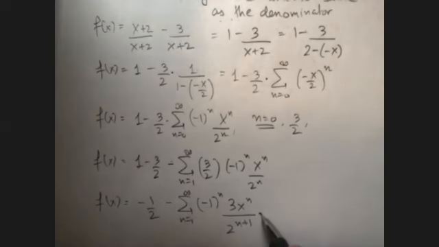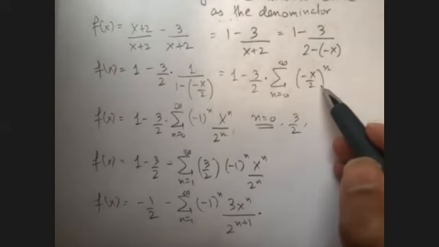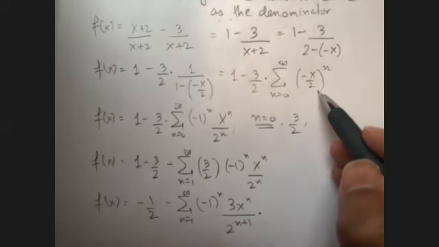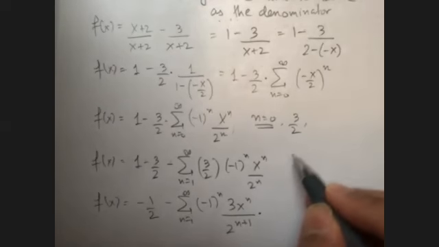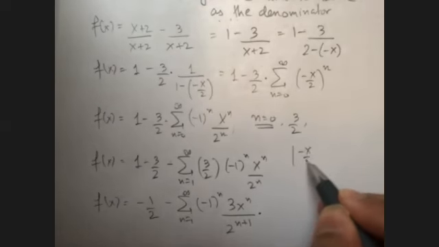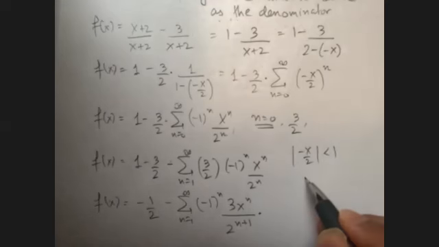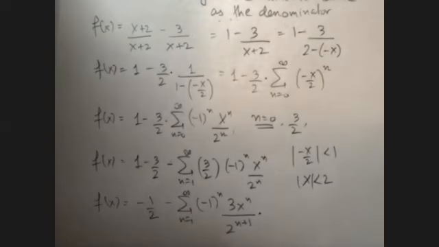This is the series, and if you note, this implies that the mod of x over 2 is less than 1, or mod x is less than 2. So the interval of convergence is minus 2 to 2.